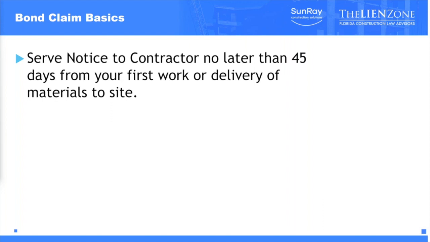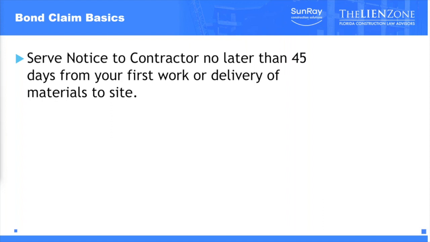A notice to contractor is similar to a notice to owner. And when you use Sunray, they use what's called a combined form. If you ever look at it, it's called a notice to owner / notice to contractor. It takes both forms and puts them into one document. So whether it's a public job, a private job, bonded, non-bonded, that one document covers them all.